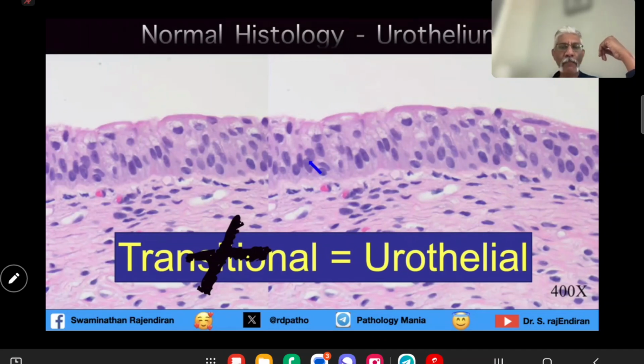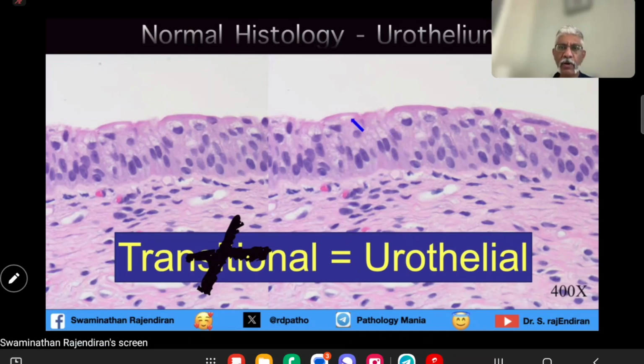Whenever you see overlapping, variation in size and shape, or loss of polarity, we have to think of pathology. And what do you mean by polarity? For people who are listening to my lecture for the first time, I'm telling this because I tell this in all my lectures. Draw a line along the long axis of the nuclei, and all those lines will be parallel to each other.